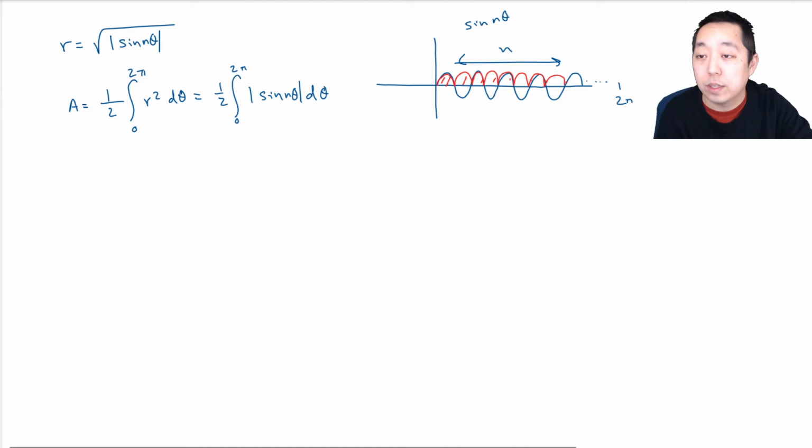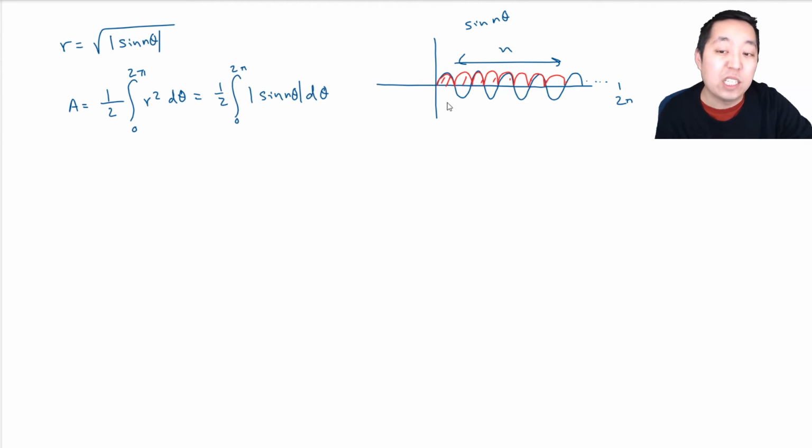So the real question is what is this total area? That's kind of the big idea. Each of these humps is the same thing, and there's n of them. So I can make this n times the integral from this point to this point of absolute value of sine n theta d theta.